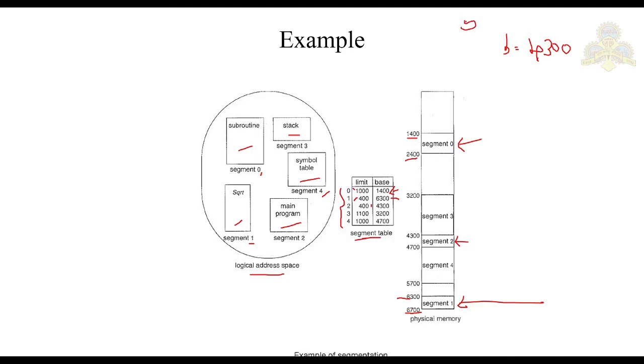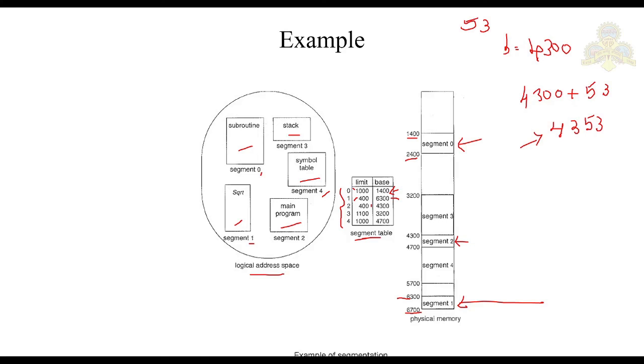Say suppose the CPU wants to execute the 53rd byte. Among the range 4300 to 4700, it is calculated simply as the base 4300 plus the 53rd byte, so you will get 4353. Once this is done, the CPU will go to this physical address 4353 and start executing.